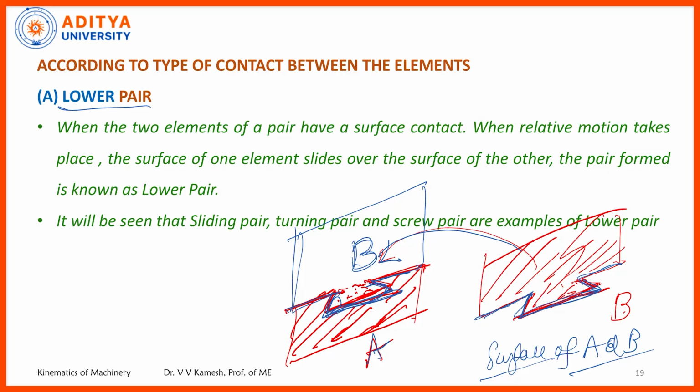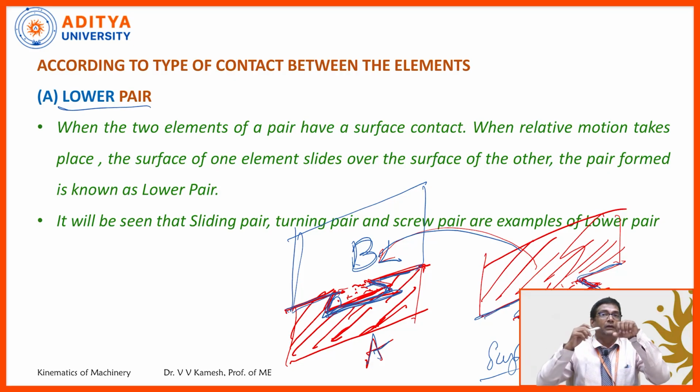The same case applies to your piston and cylinder. The cylinder is there, the piston is there, and the piston's external surface. It may be with piston rings, no matter. Let it be that the piston doesn't have rings. So the complete piston will move around in the cylinder. There will be contact between the piston external surface and the cylinder inner surface.